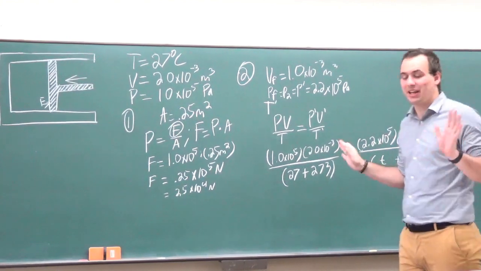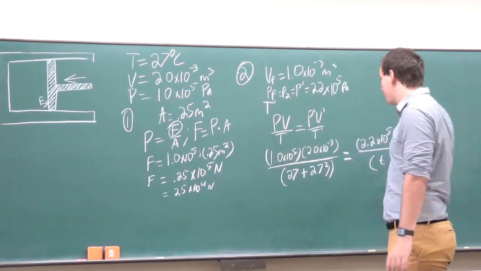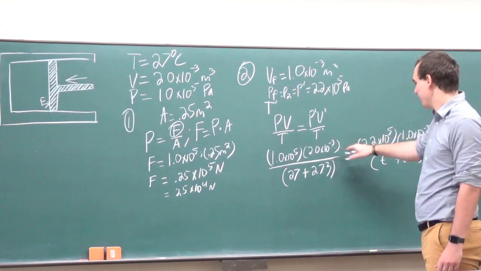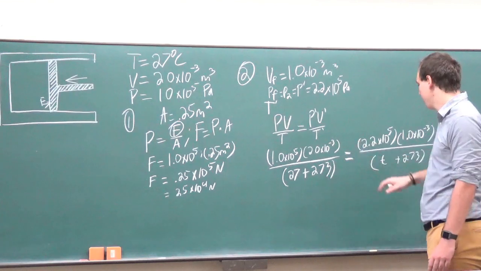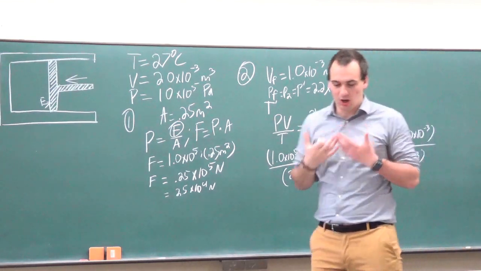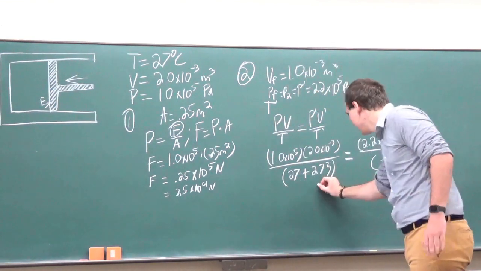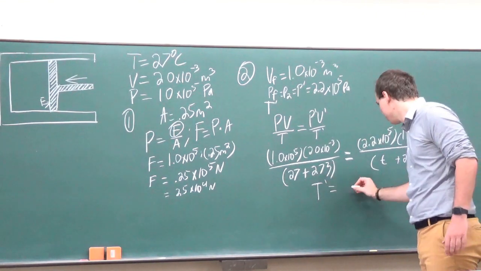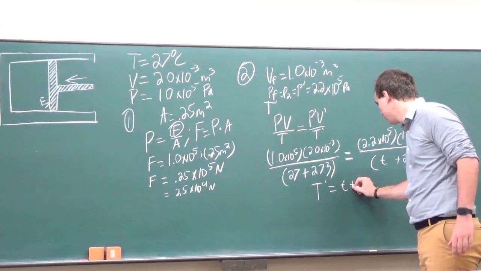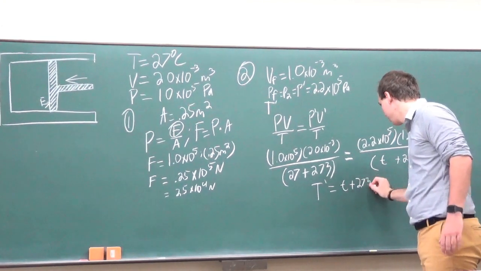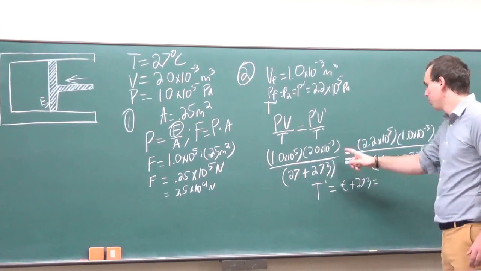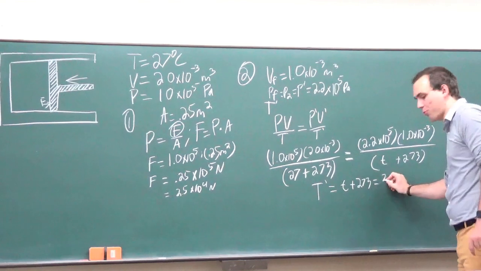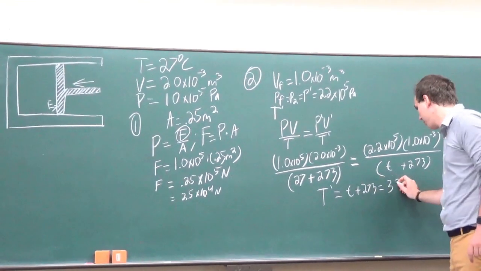Now, I will save you all the math of doing all this out. Move this up here, move that down here, move that up here. Once you do all of your math, you're going to find that T prime, this thing, is equal to little t plus 273, which is equal to 330.